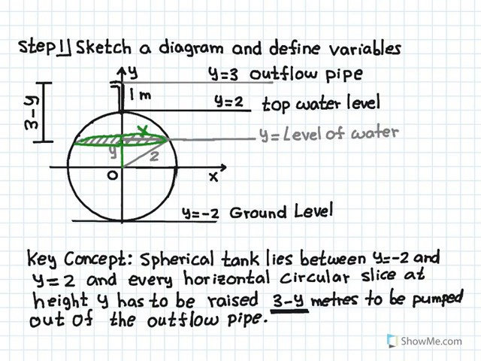So what is the distance that this slice has to travel to be pumped out of the outflow pipe? That's very important. That's 3 minus y. Why is that? Because 3 is the entire distance here: the outflow pipe is 1 meter above the top of the tank, and the radius of the tank is 2 meters. 2 plus 1 is 3. And this distance is y. So the distance from the cross-sectional slice to the outflow pipe is simply 3 minus y.